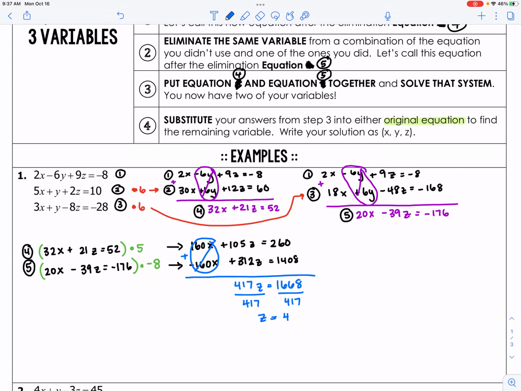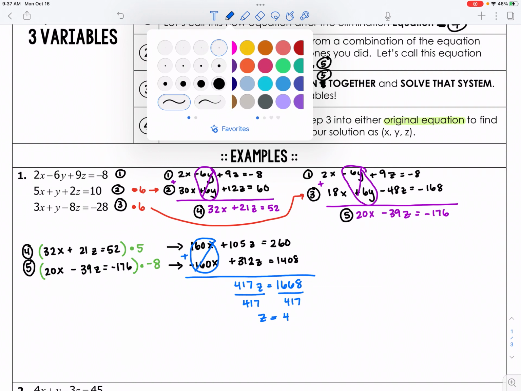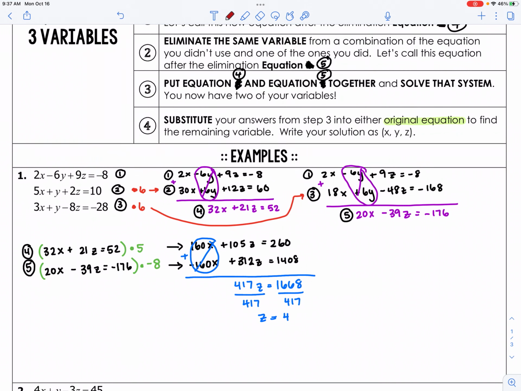So now that we have that z, we're going to use either equation 4 or 5, it doesn't matter, and we're going to plug in that z to get the x. So we'll use equation 4. We know that z is equal to 4, so we're going to do 32x plus 21 times 4 is equal to 52.